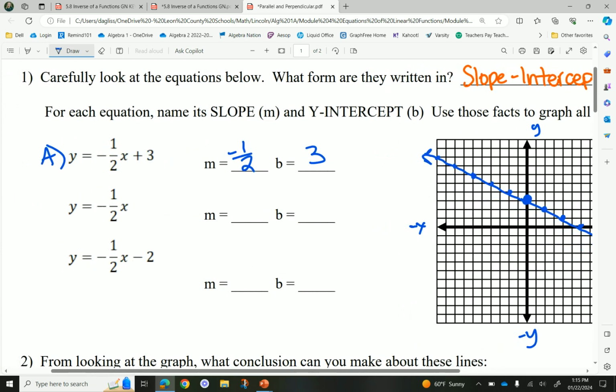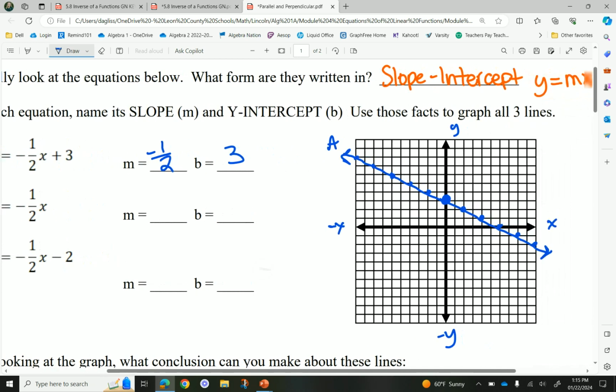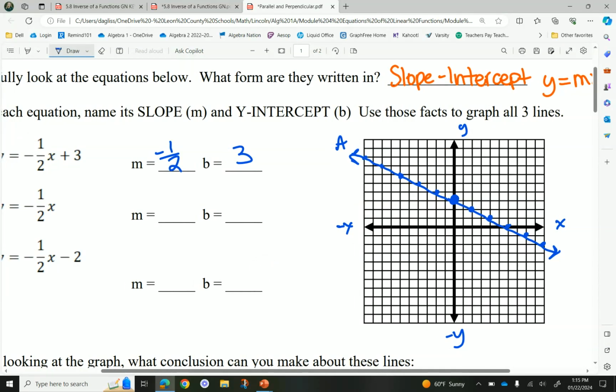Let's call this A, so I can label it. That's line A. You're going down 1 and to the right 2. And then when I went backwards, I went up and then backwards. I did the opposite. So this was down and then over.